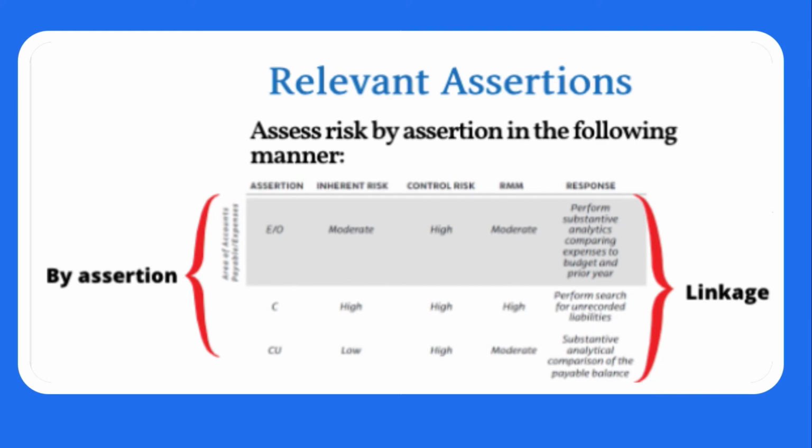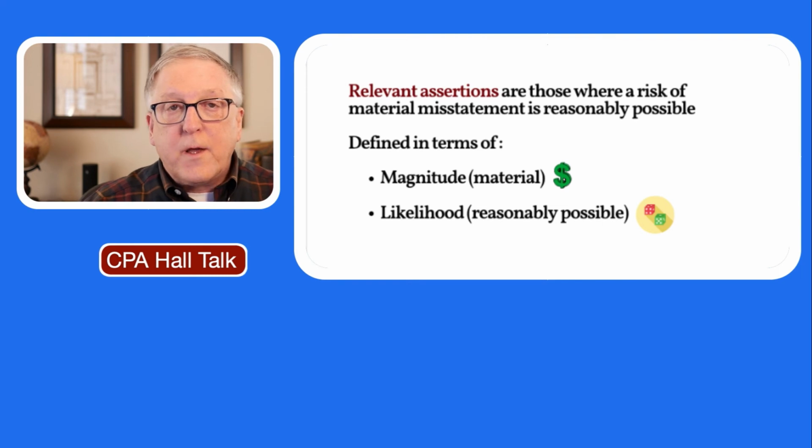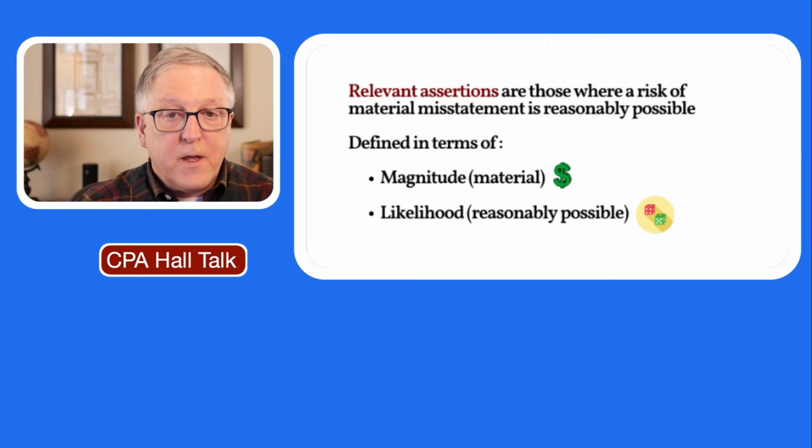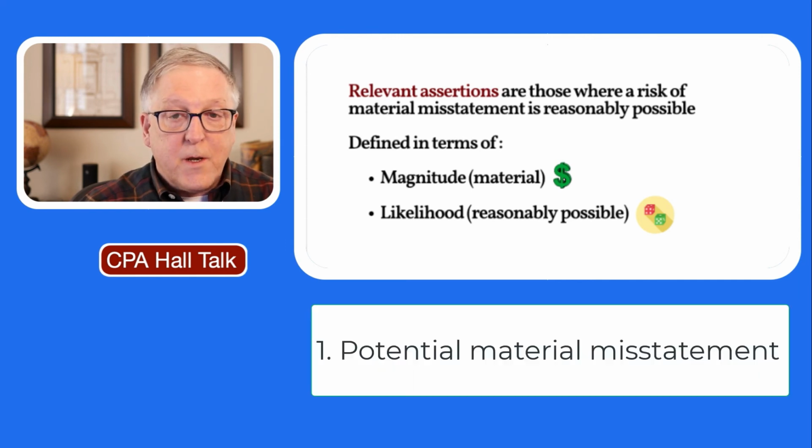Now, before I close, I want to go back to one slide in particular that we've looked at in this video. And this slide tells us that the relevant assertions are those where there's a risk of material misstatement that is reasonably possible. So when you consider all of the different assertions that can come into play for an account balance, such as cash, or payables, or receivables, or revenues, for example, think about, is there a risk of material misstatement?